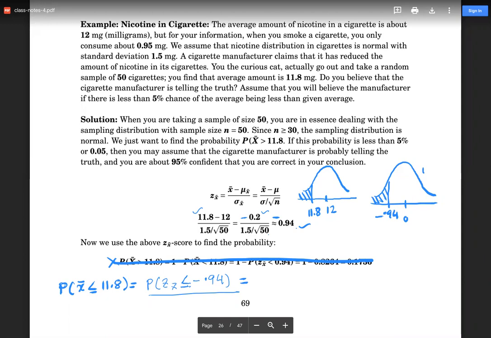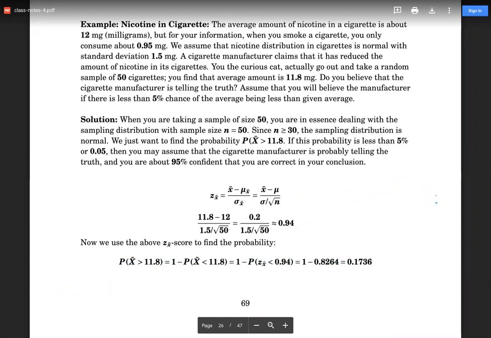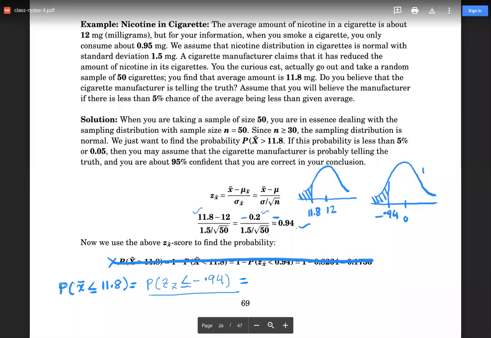I think it is going to be 0.1736, but can you verify that for me? Has anybody found 0.1736, or did you get something different? It's 0.1736? Yes. Okay, good, thank you.